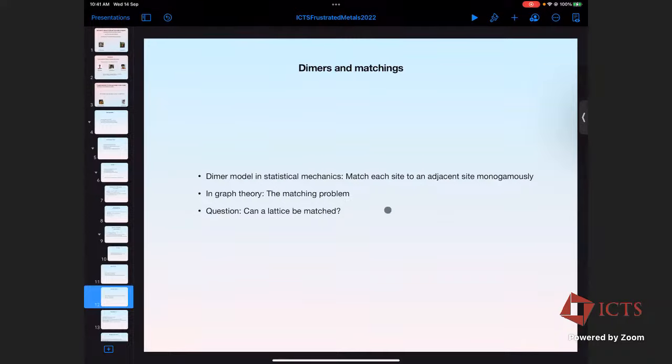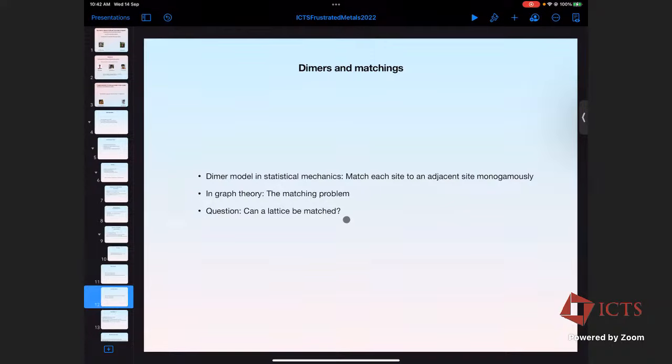But the point is, there are much more non-trivial reasons why sites have to remain unmatched in the maximally packed dimer model or the maximum matchings of that graph. And that is what is relevant to our analysis, it will turn out, of the effect of non-magnetic impurities in frustrated magnets. So that's kind of the background.